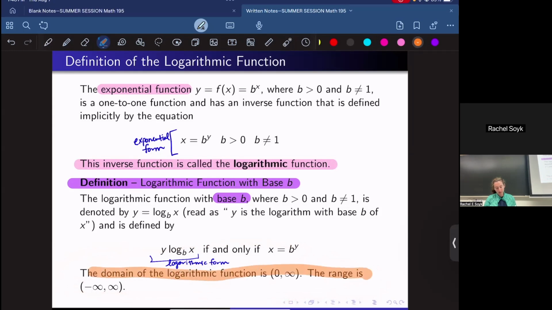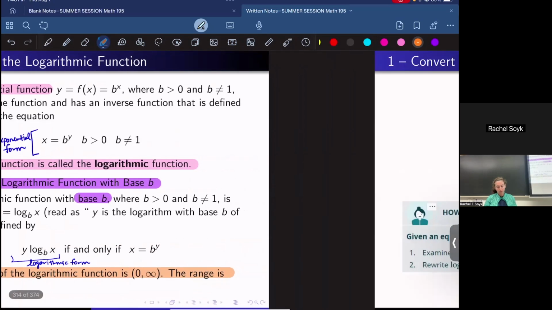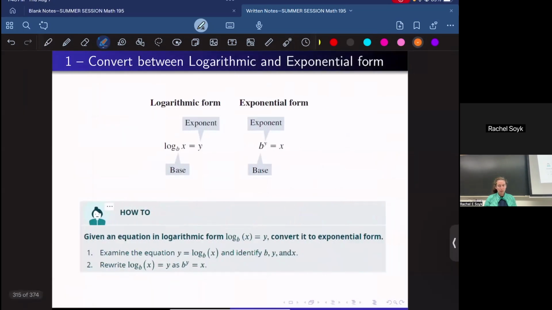So it's just opposite. And this is a less wordy slide highlighting the same thing that we just previously spoke about, the differences between your logarithmic form and your exponential form.